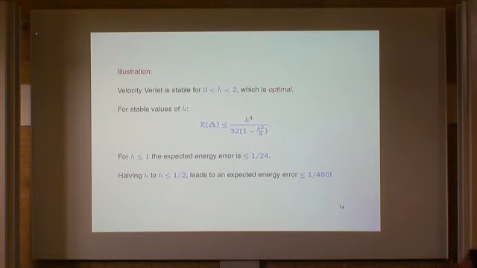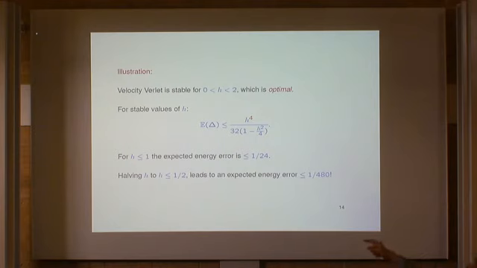As an illustration, look at the Verlet method. If you do this for the Verlet method, you get this bound by computing the chi function. Of course, as h goes to 2, which is the upper limit of stability, then the bound blows up, which you expect, but as h goes to 0, you see this factor h to the 4th. The method is 4th order. Okay?